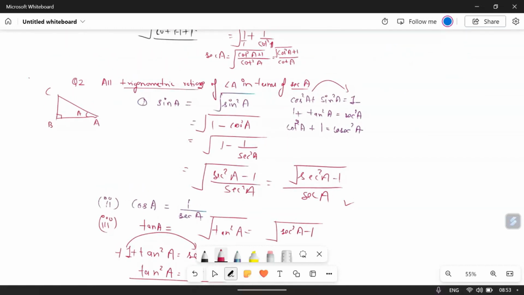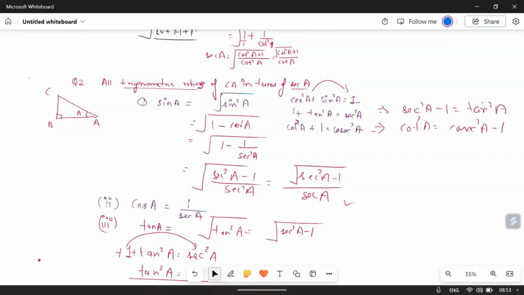As you know, these identities can be further written like that. Remember that cot square A can be written as cosec square A minus 1, sec square A minus 1 can be equal to tan square A, and sin square A can be written as 1 minus cos square A, or vice versa.